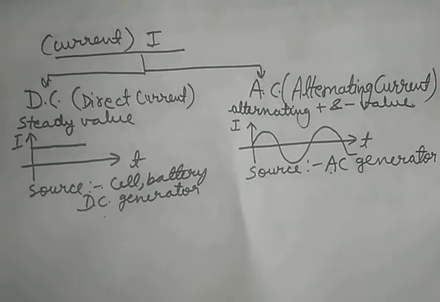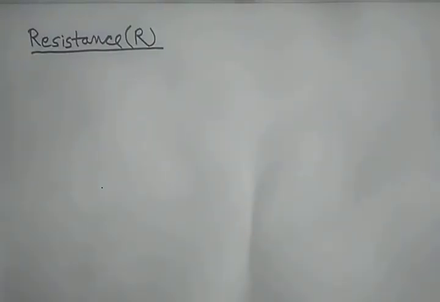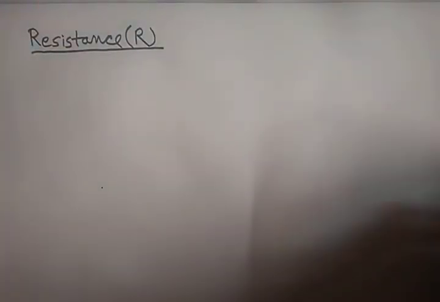All right, so now we will move to once again the basic discussion about current, voltage, and all that. Now, before we proceed any further, there's another term which is called resistance. What is resistance? So, the term resistance comes from some kind of opposition.